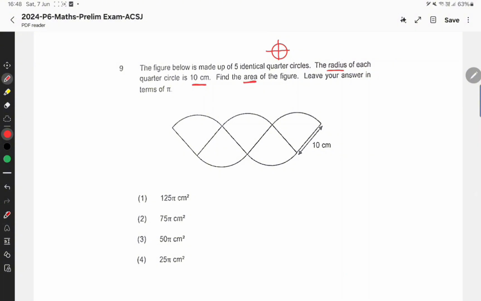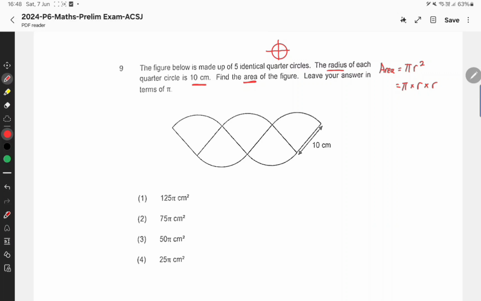So we know that this question is asking about circles and asking us to find the area. So first of all, write down the area formula. Area is equal to pi r squared, or pi times radius. R squared basically means radius times radius.